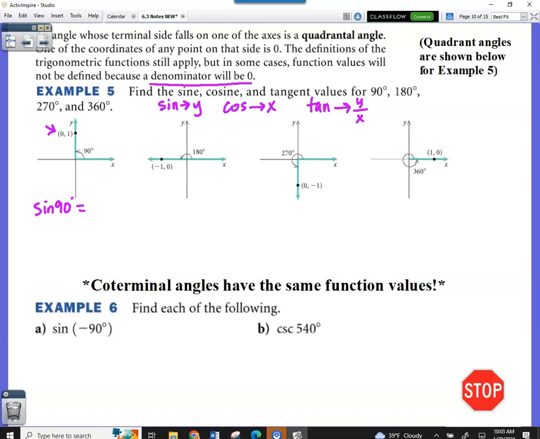That's where you get your answer from. Sine means write the y coordinate of that point. The y coordinate is 1. Cosine means write the what? X coordinate. So it would be 0. Tangent means write the fraction y over x. So tangent 90 would be y over x, which is what? Undefined. It's a problem.